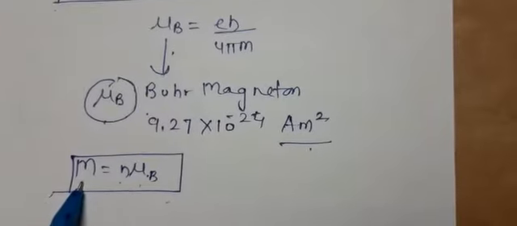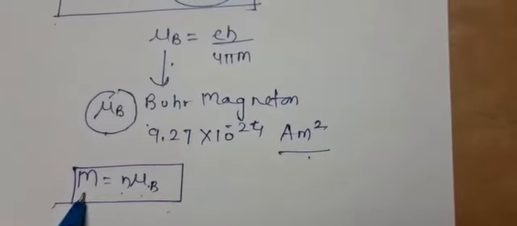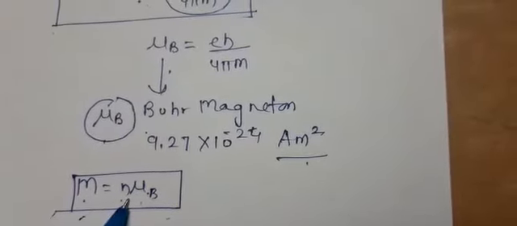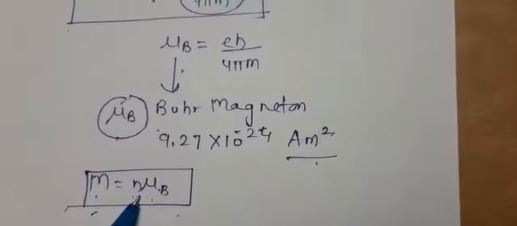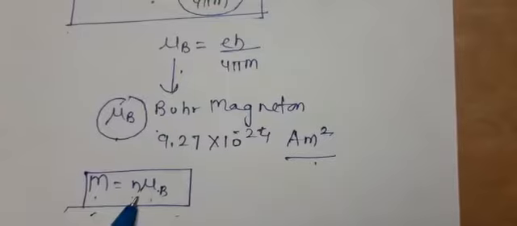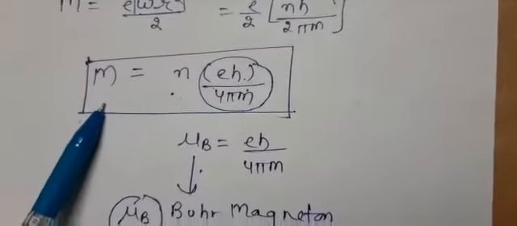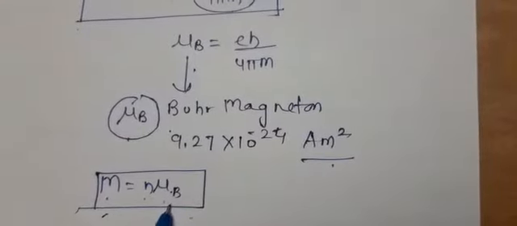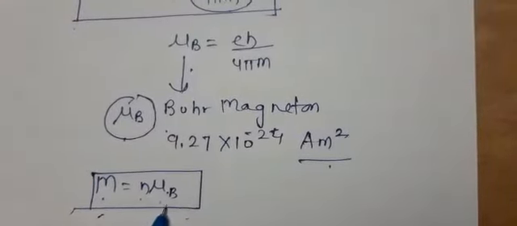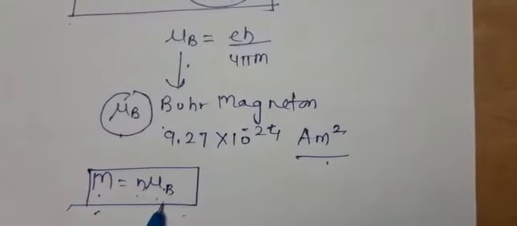In this derivation part, sometimes the magnetic moment can be asked to be derived, as well as to define Bohr's magneton.